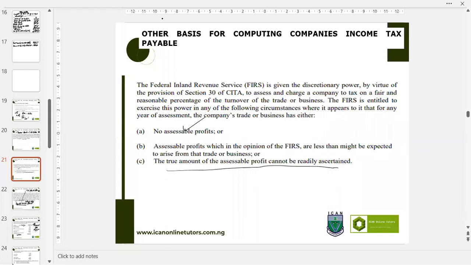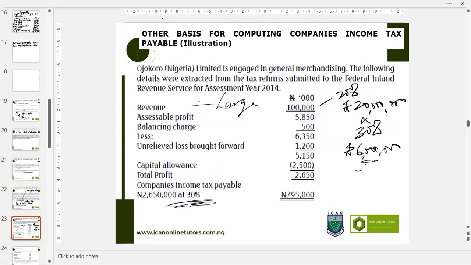So they have the discretion of taking these 20 million naira as the assessable profits, because in their opinion, it represents the assessable profit. So there's no need for any kind of adjustment. The only thing we adjust for here now is the loss relief brought forward and the balancing charge.